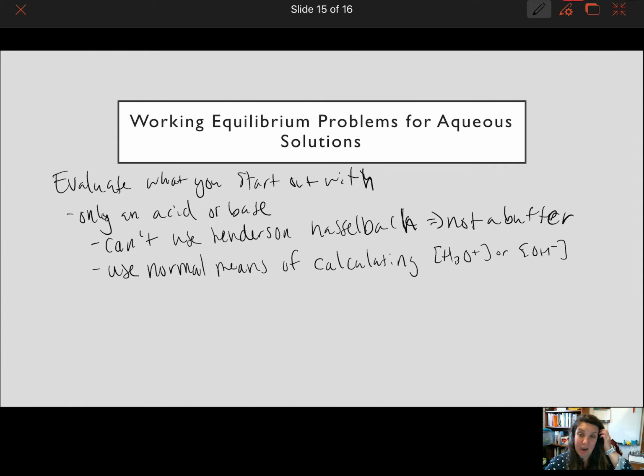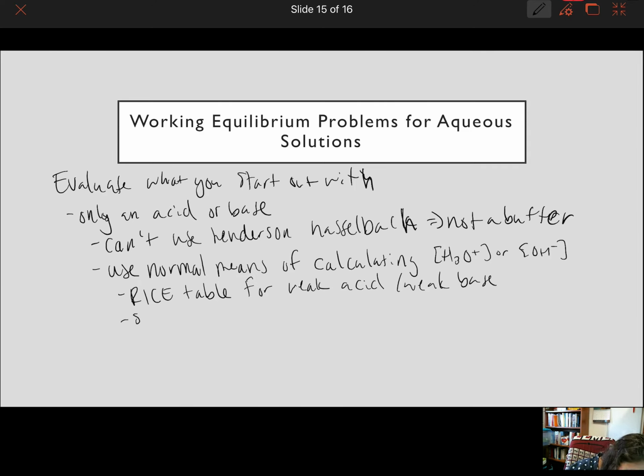Which will either be stoichiometry if we have a strong acid or strong base, or a Rice table for a weak acid, weak base. So with a strong acid, strong base, we're just going to use stoichiometry.